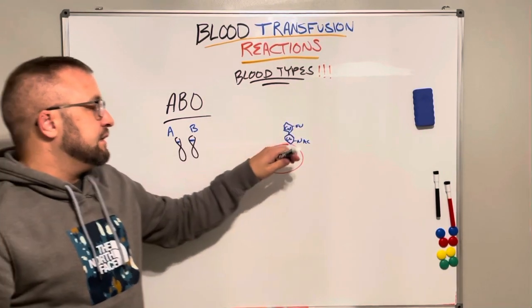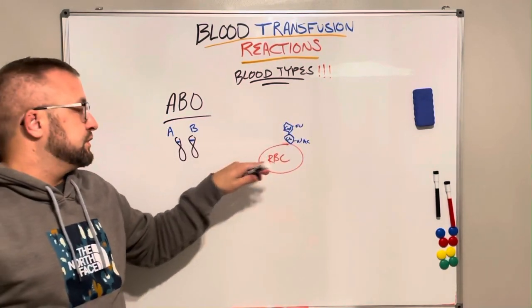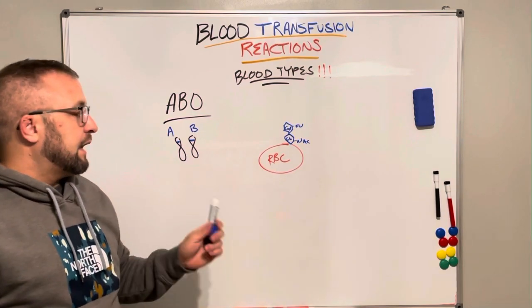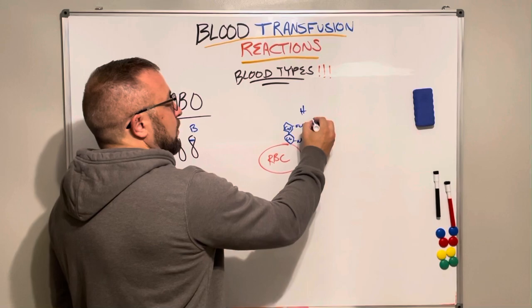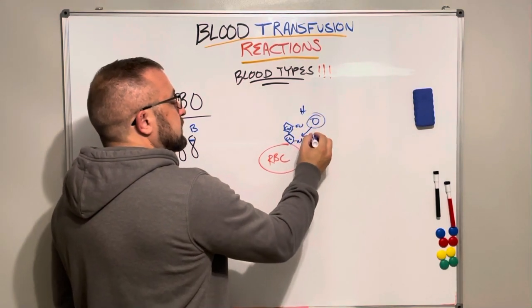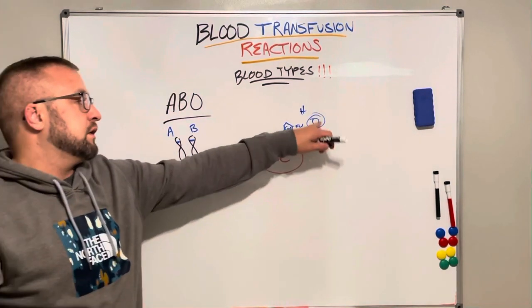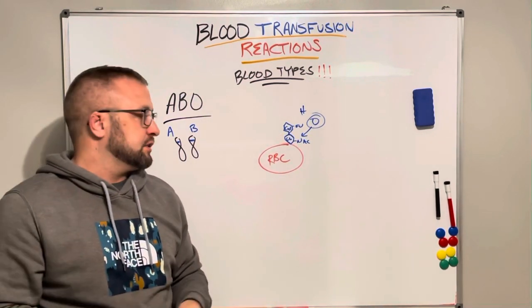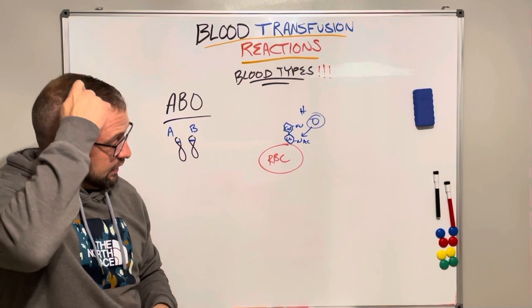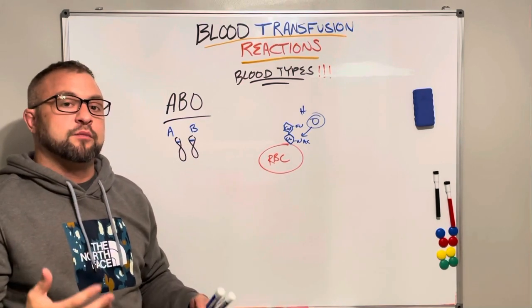So if we had this structure attached to a red blood cell, our red blood cell would be considered H type or O. This sugar is considered an antigen, something your body could potentially recognize as foreign, that is attached to the red blood cell.